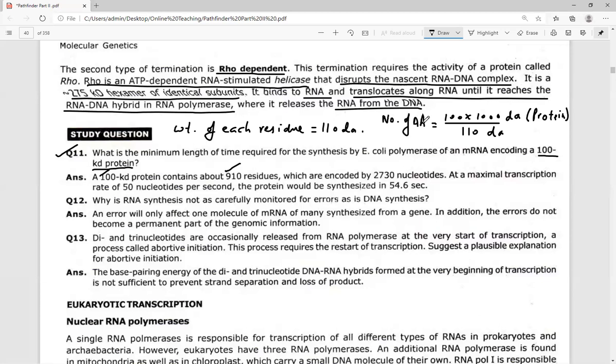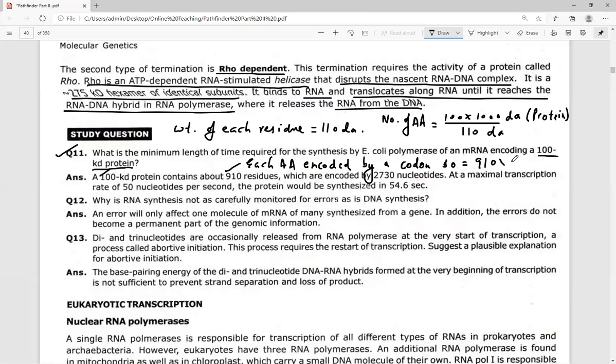So this is the number of amino acids calculated. Now, each amino acid is encoded by a codon.